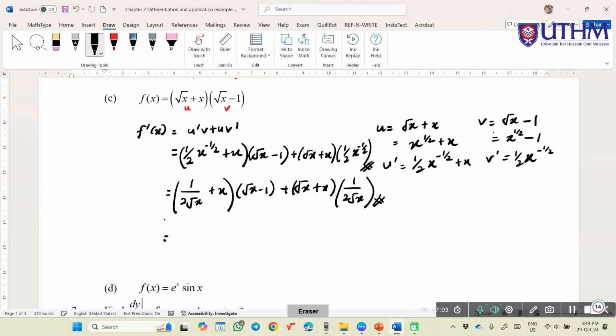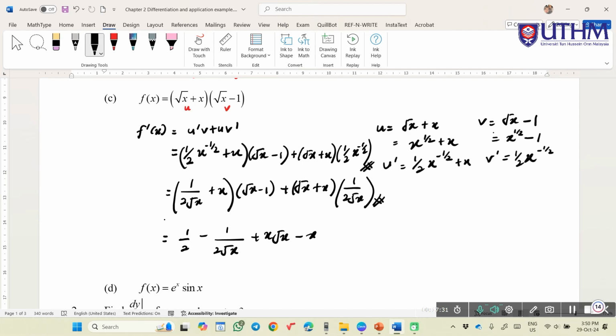Okay, you can expand this expression. 1 over 2 square root x times, we get 1 over 2. I will try to expand this. 1 over 2 minus 1 over 2 square root x, plus x square root x minus x. I think this will become quite tedious.